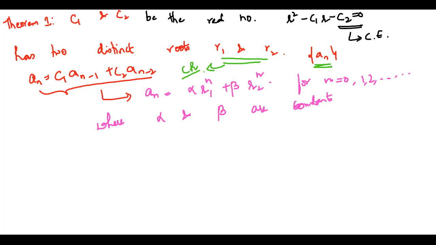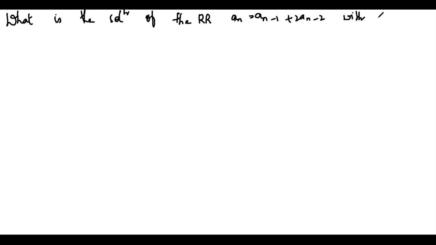The question is, what is the solution of the recurrence relation an is equal to a n minus 1 plus 2 a n minus 2, with initial conditions a0 is equal to 2 and a1 is equal to 7.